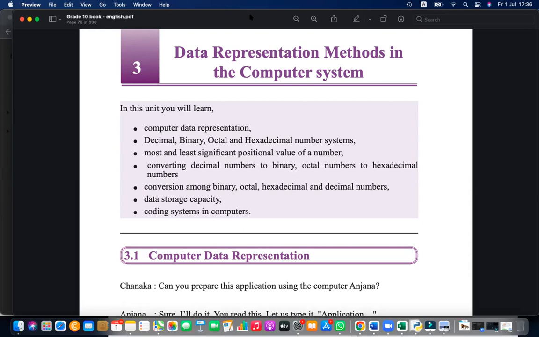So, data representation methods in the computer system. First of all, let me explain the word representation. Country representative, school representative, batch representative. These are the common terms that we use. Representing our country.